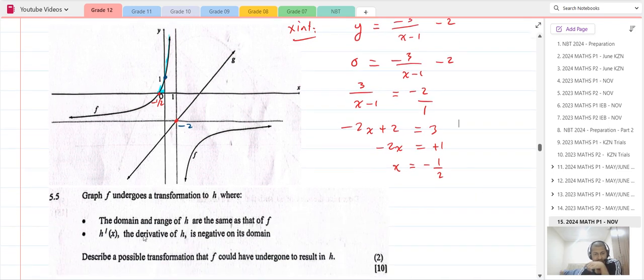The domain and range of h are the same as that of f. So in other words, there is no change in the horizontal and vertical asymptotes. That's what we know from this. h prime of x, the derivative of h, is negative on its domain.